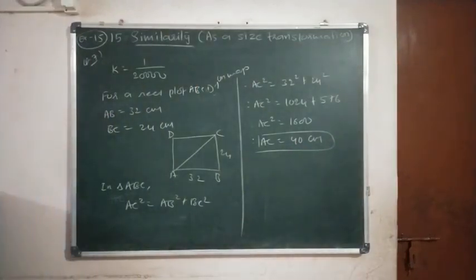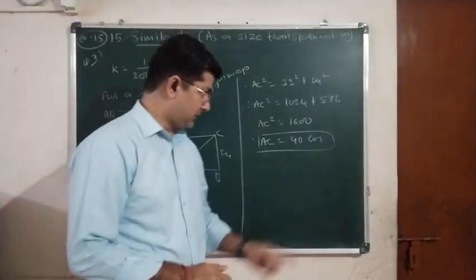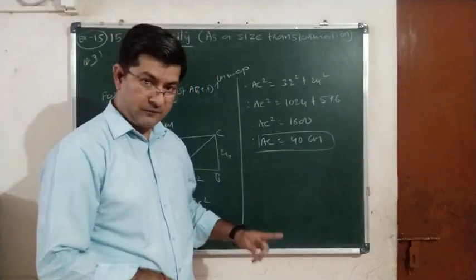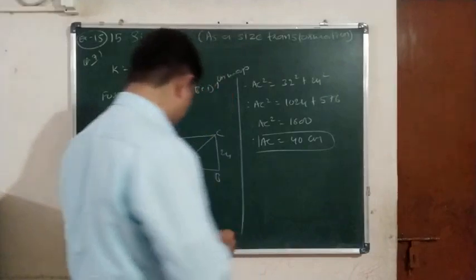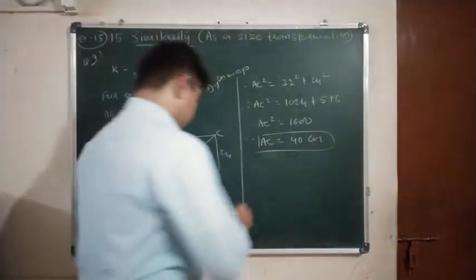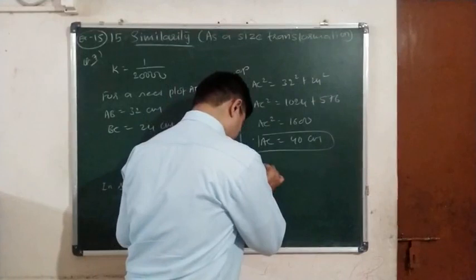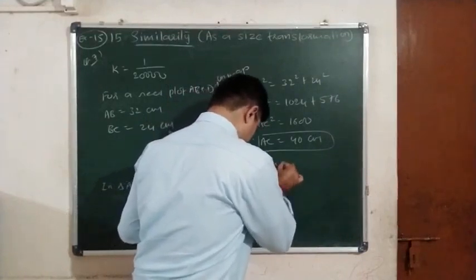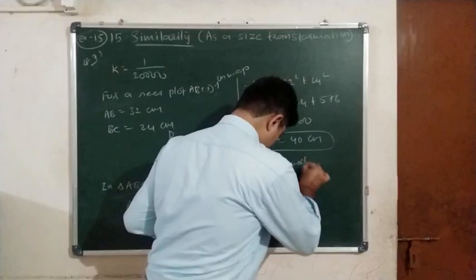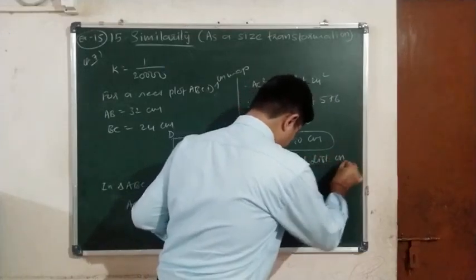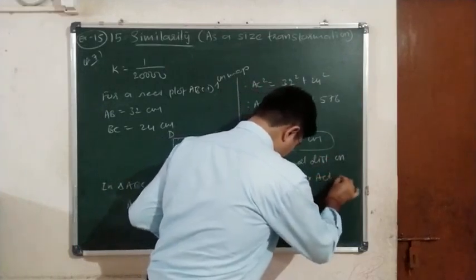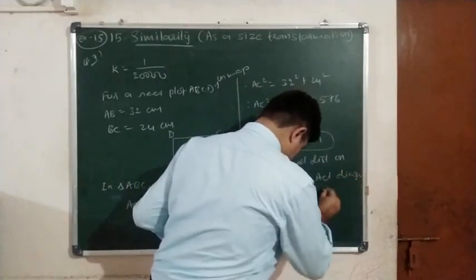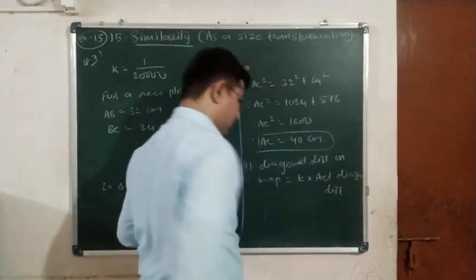Now we have to find the diagonal distance of the plot. This is the diagonal length on map. We have to find the actual diagonal distance of the plot. So we can use now the formula number 1. Diagonal distance on map is equal to k into actual diagonal distance on plot.